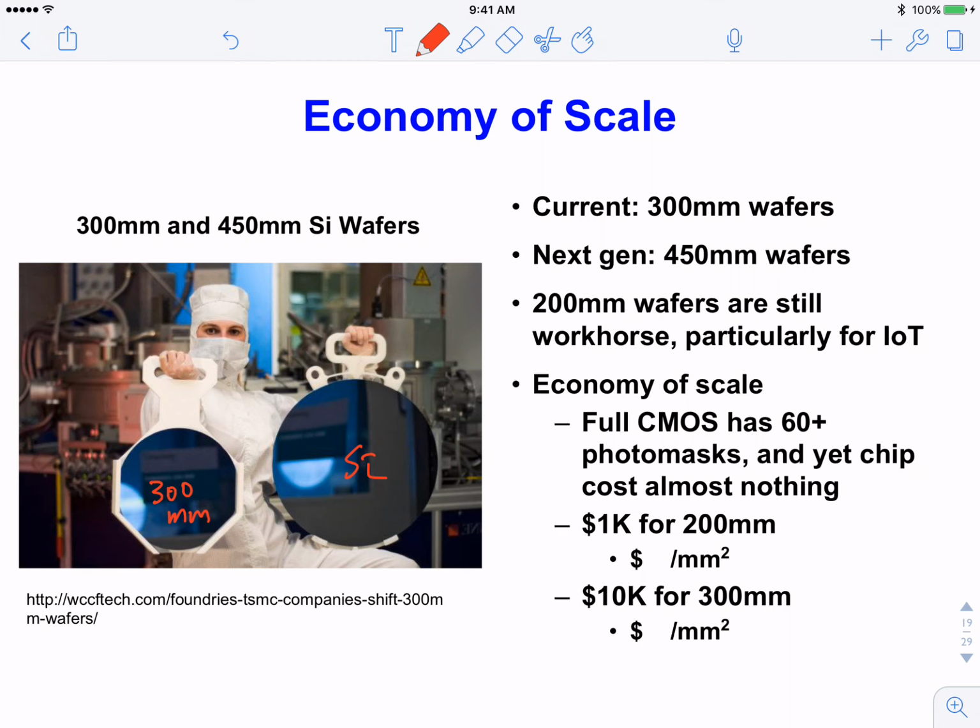And that's still currently the main workhorse, the largest production using these 300 millimeter wafers. And the new generation on the horizon, so all the big players who can afford it are doing these 450 millimeter wafers. So you see that you need to be a really strong person to be able to carry even one wafer.